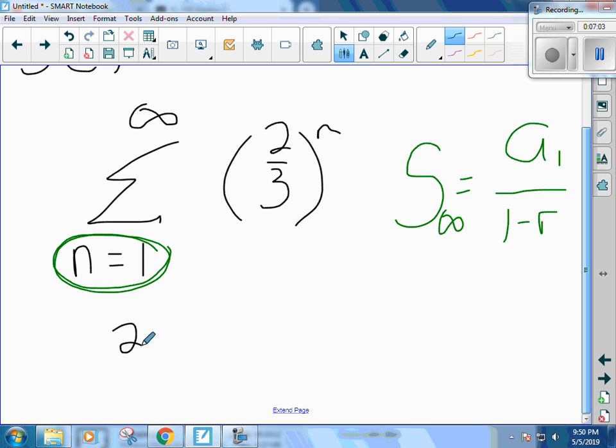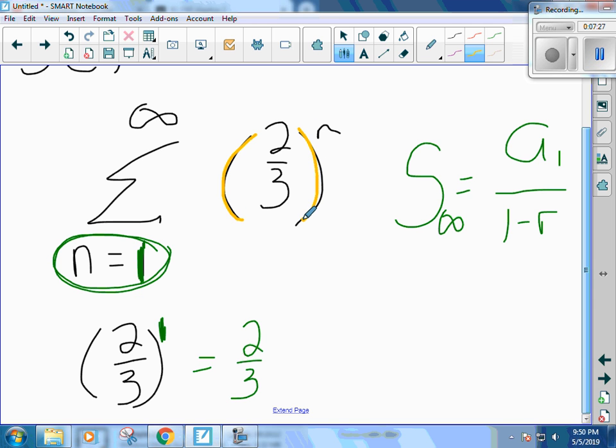So I have 2/3 to the first power. And it's only 1 because they tell me to start at 1. If there's another number here instead of 1, you've got to use that as your power. And the ratio is this number inside the parentheses that's being raised to the power.